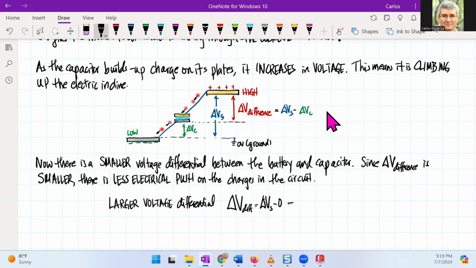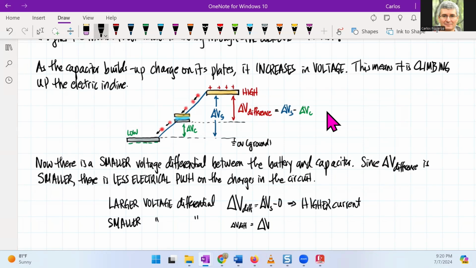So as a consequence, I then had a higher current. But now, as the capacitor is charging, the difference between these two is decreasing.